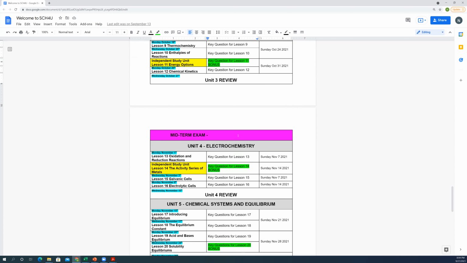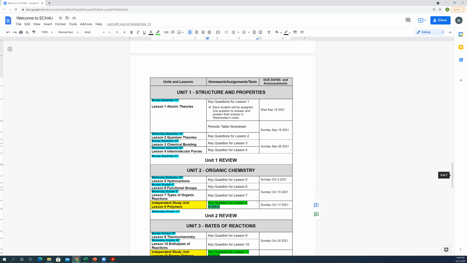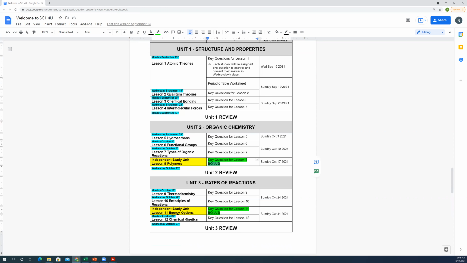Moving forward, that would really help me a lot if your assignment was named the right way, so that when I get it all, I don't have to deal with, oh, this one just says document, or this one just says answers. It has your name on it, and it clearly says key question 5, key question 6, and so on and so forth.